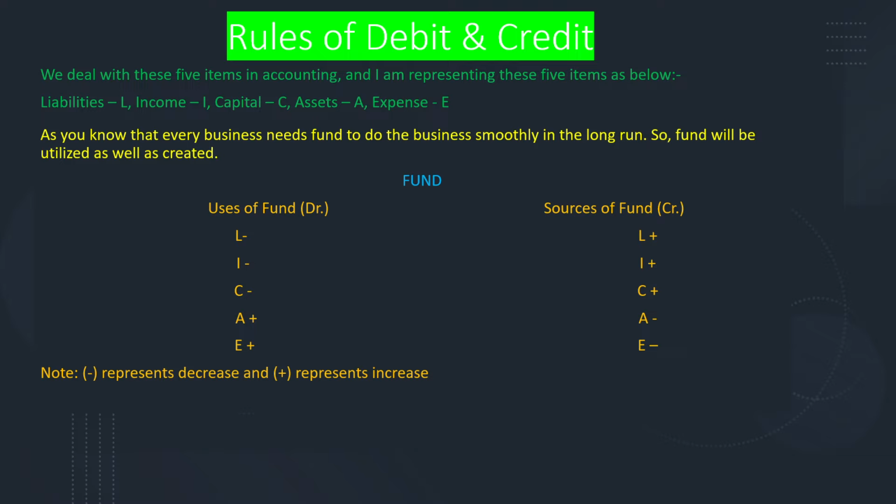You will find everywhere, in renowned software like SAP and JD Edwards E1, a plus or minus sign. So that's the beauty of learning the debit and credit rule by this method, and you will never miss identifying which account to be debited and which account to be credited.